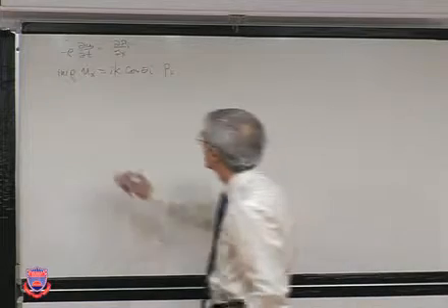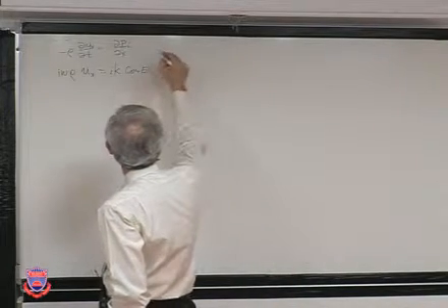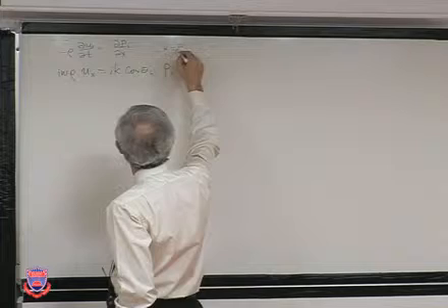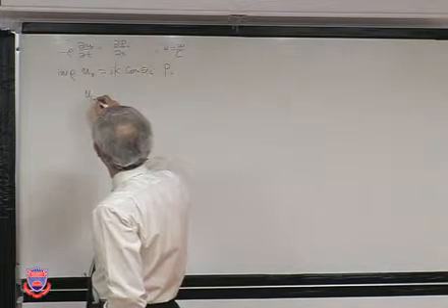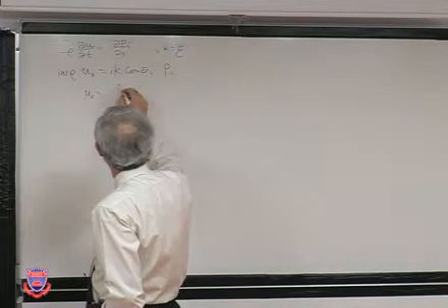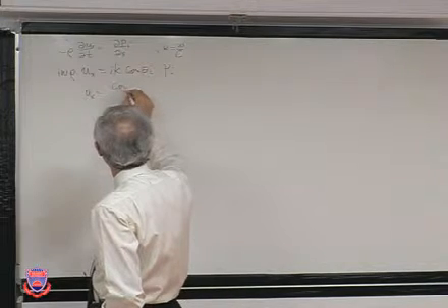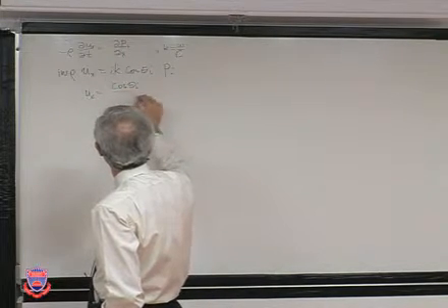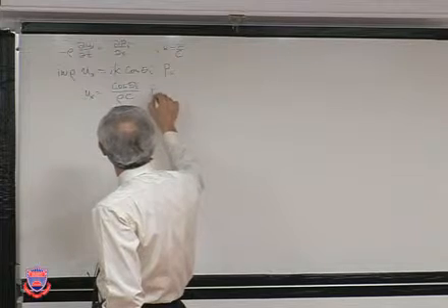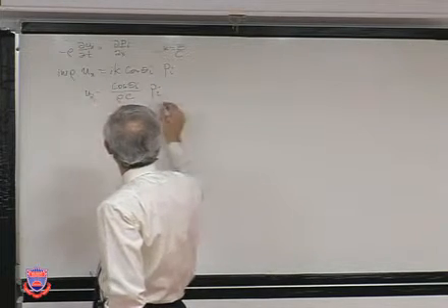Okay, and k being omega over c, you have u x as cosine theta i divided by rho c times p i. This is u x for the incident wave.